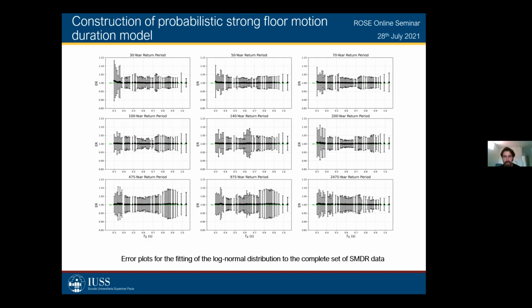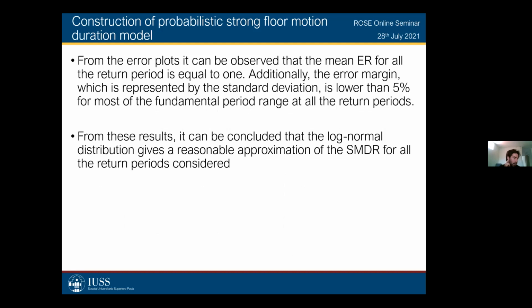So we can say that for most of the data it looks like this margin of error is less than 5%, with some exceptions. This is a nice way to evaluate the complete data, and it tells us that a log normal distribution looks like a reasonable approximation of the data.